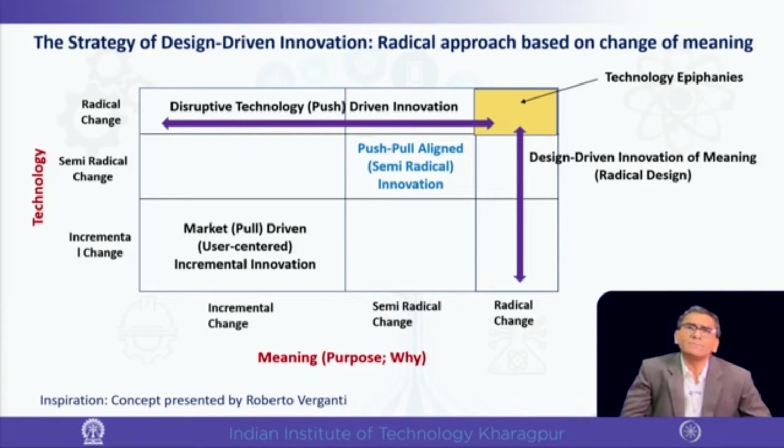So, there the alignment comes. Similarly, for a market pull, how the technology can aid it further. That kind of alignment happens, particularly for technology push, where one has to look for the market, and that alignment also yields results.